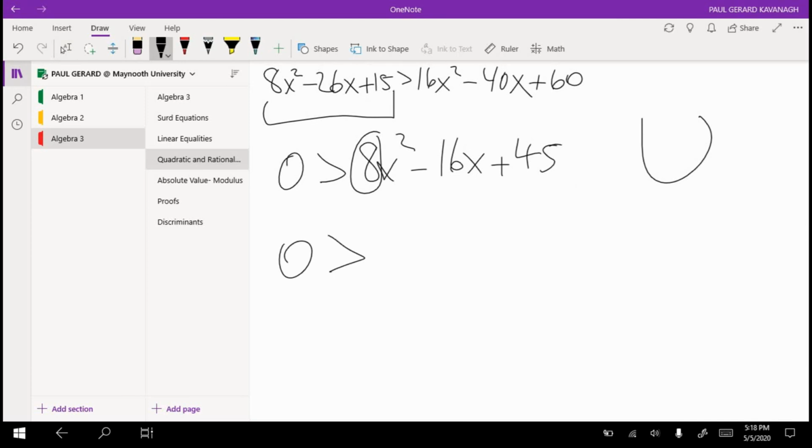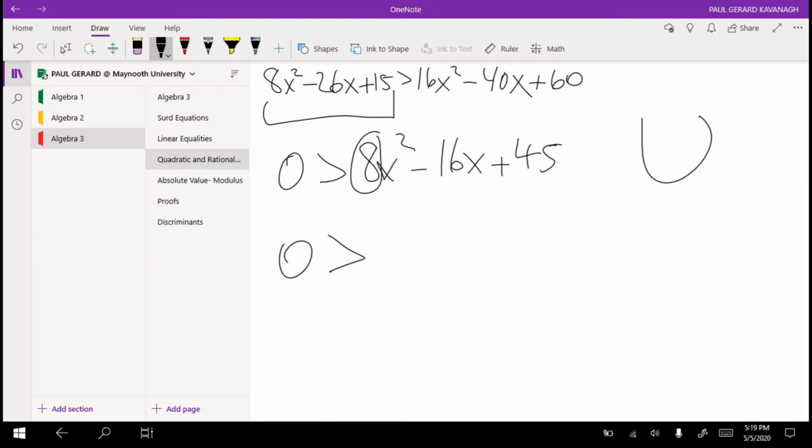So 45. 45 by 1, if you multiply the 1 by the 8, no, that's not going to do. 3 by 15, if you multiply the 3 by the 8, that would give 24. That's not going to do anything.